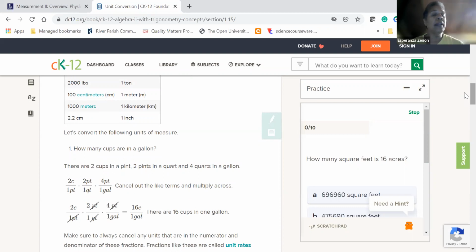And that dimensional analysis technique can be used to convert from metric units to English units, English units to metric units, metric units to metric units, or English units to English units. So in essence, the dimensional analysis technique will allow you to do any conversion because you have a conversion factor that allows you to express an equivalent measurement because you're multiplying by 1, which doesn't change the value.